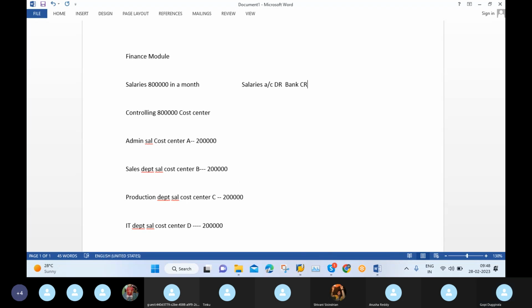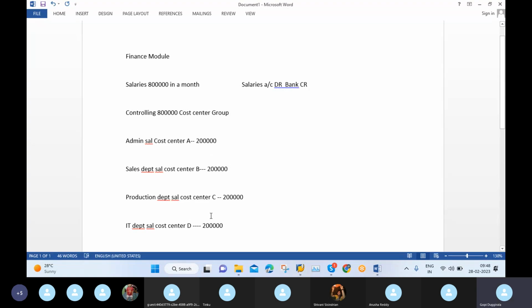That's it. That is reporting from the finance module point of view. But from the controlling point of view, for these 8 lakh salaries I will maintain one cost center group. This is my salaries cost center group. Within this group, I will split into these 4 departments: admin, sales, production, and IT.